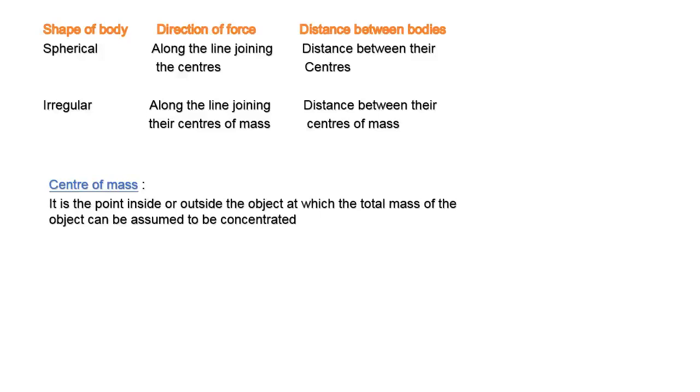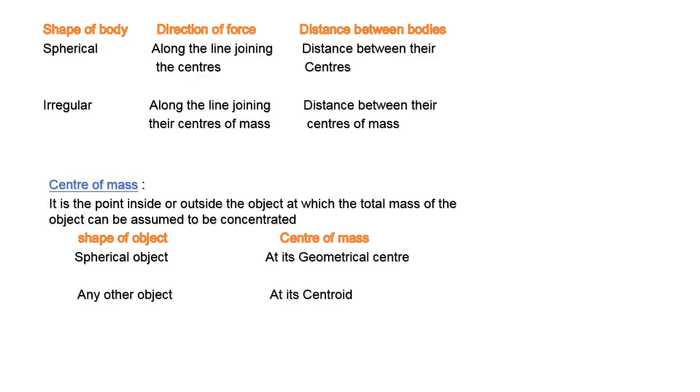Okay, so it will be some point which can be inside the body or outside the body depending on the shape of the body. At that point the whole mass of the object is concentrated, and that is what we say is the center of mass. Now when the shape of the object is spherical, its center of mass is at its geometrical center, meaning if it's like a circle, its center of mass will be at the center.